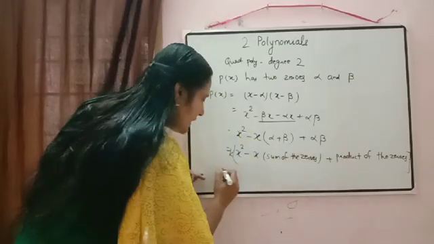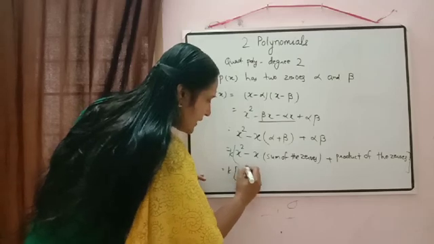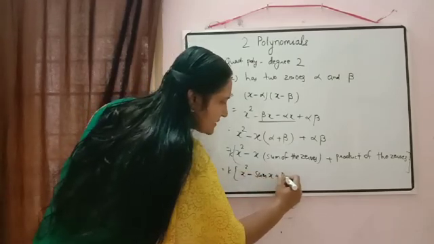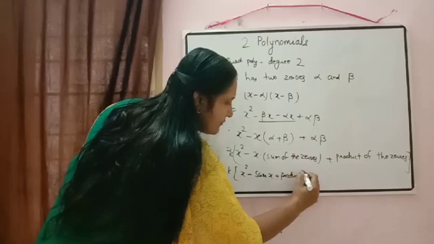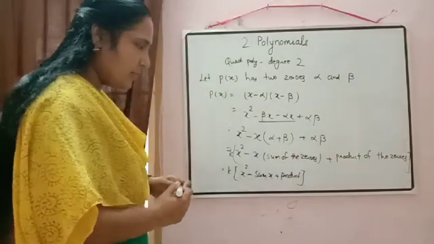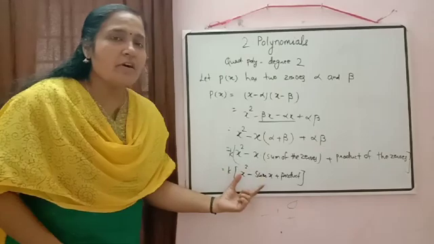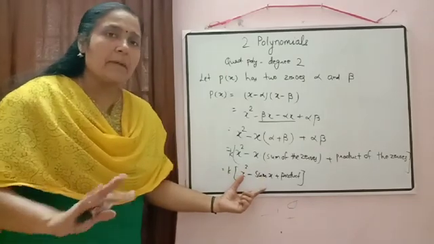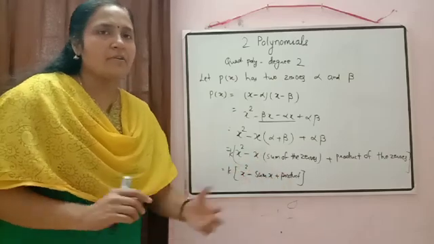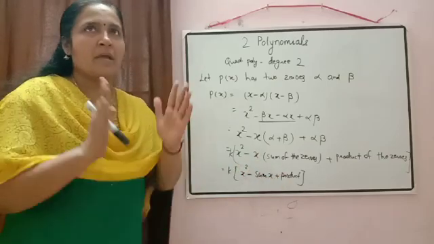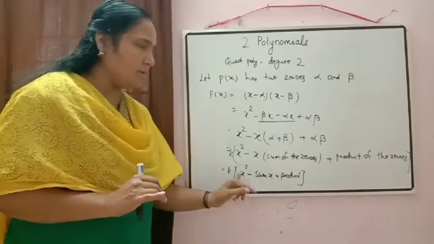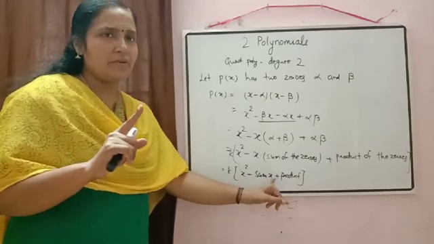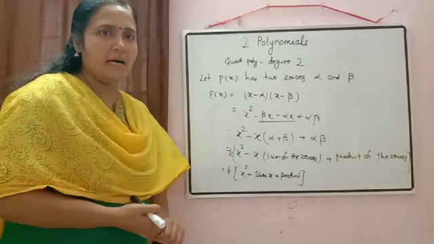If you want, you can also write it this way: k into x square minus the sum of the zeros into x plus the product of the zeros. So this is the formula for forming a polynomial when its zeros, or the sum and product of the zeros, are given. So the formula is k into x square minus sum of the zeros into x plus product of the zeros.